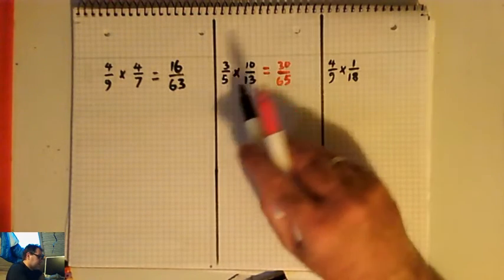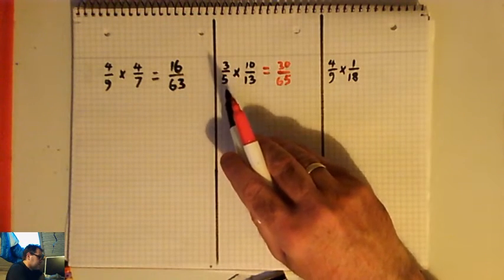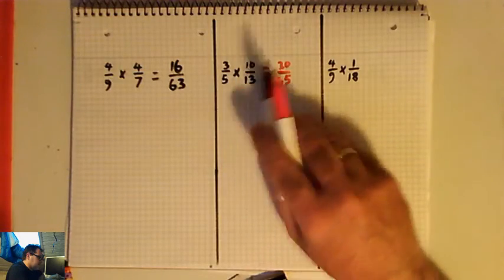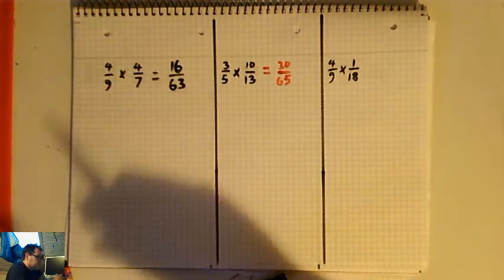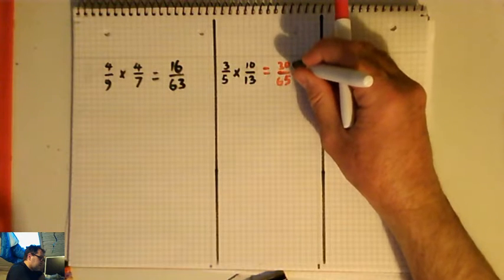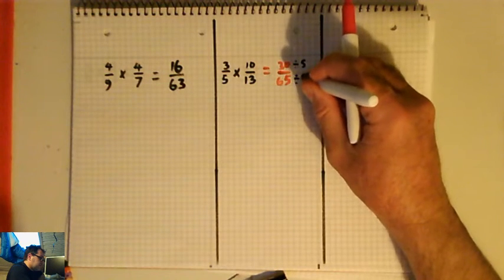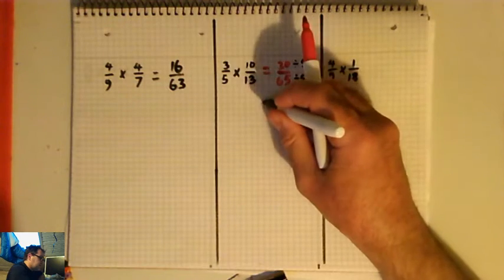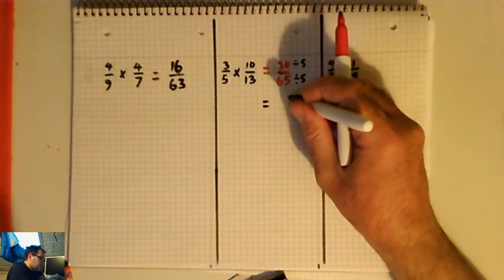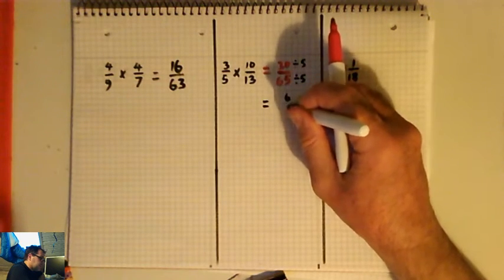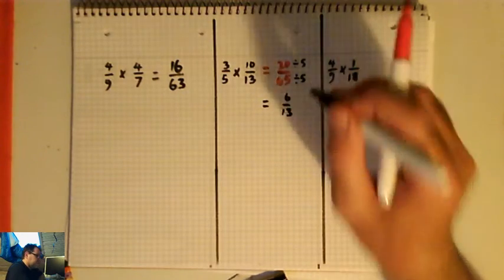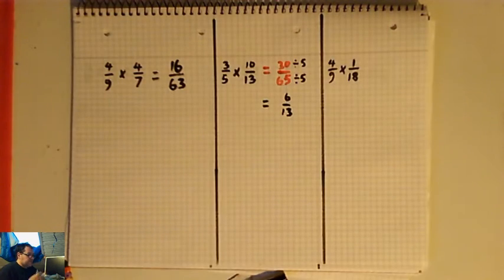So the clues here, you've got 5 at the bottom and 10 at the top in the original thing, which both can be divided by 5. So in fact, if we divide top and bottom by 5, then we get an answer of 6/13, which is the fraction in its simplest form.